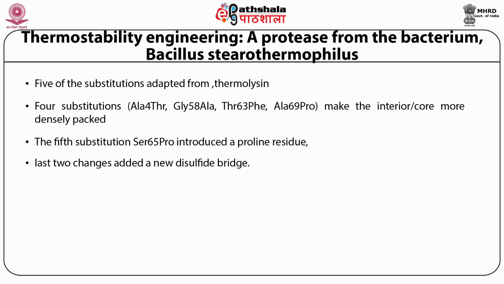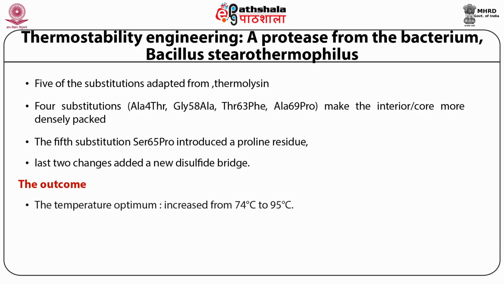By making these changes at the genetic level, the protease, which was already thermostable, was reported to show an increase in its temperature optimum from 74 degrees Celsius to 95 degrees Celsius. Along with that, the half-life of that protein could be increased 300 fold at 100 degrees Celsius.